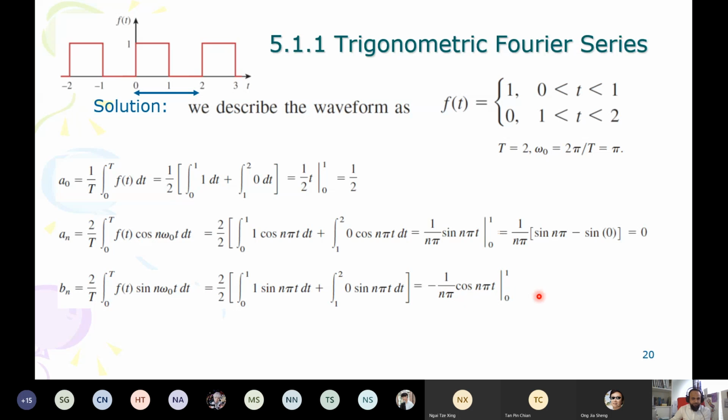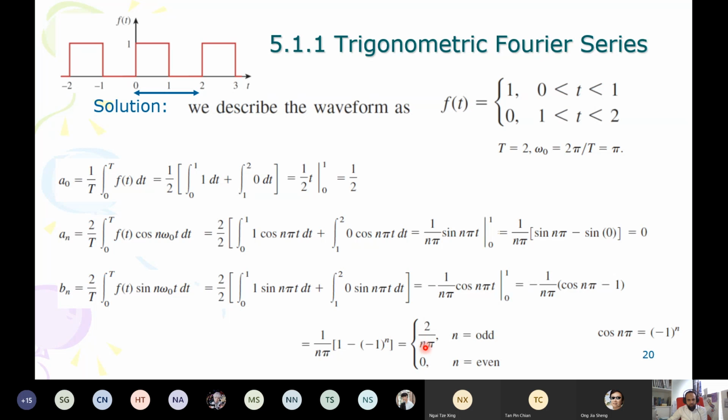And when we apply the limit, it's n pi by T and 0 pi by T. Cos 0 is 1 and cos n pi depends upon n, because if you remember, for even and odd n pi, it's like negative and positive, negative and positive. So cos n pi is equal to minus 1 to the power n. And this is also given in that table I mentioned a few slides back.